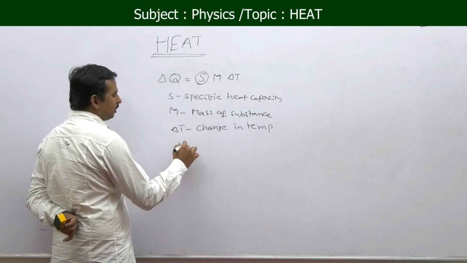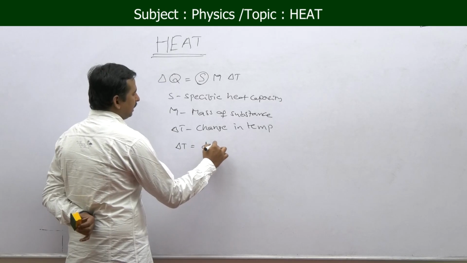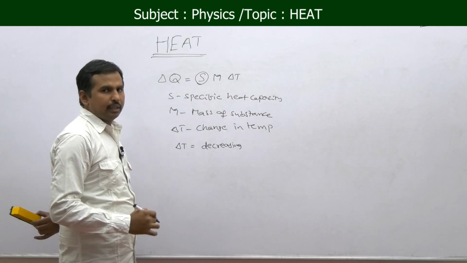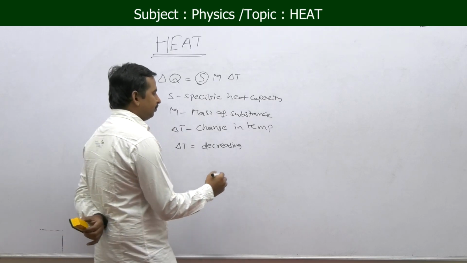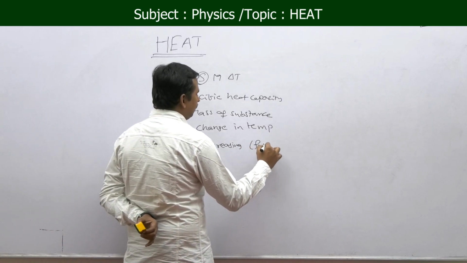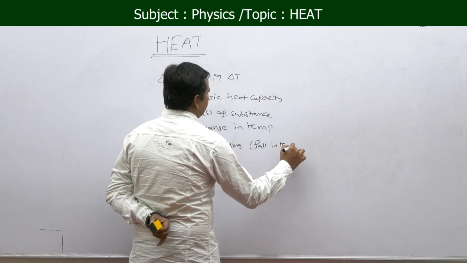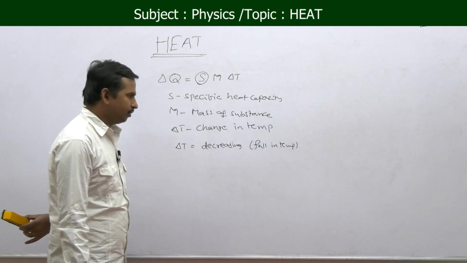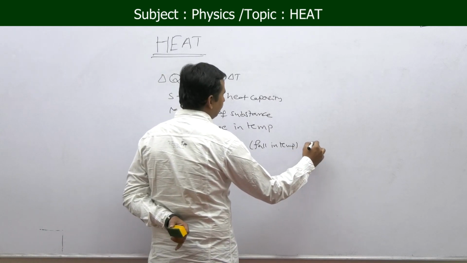Remember, if the change in temperature is decreasing, means there is a fall in temperature, then we are supplying the heat to the other body, means there is a loss of heat.